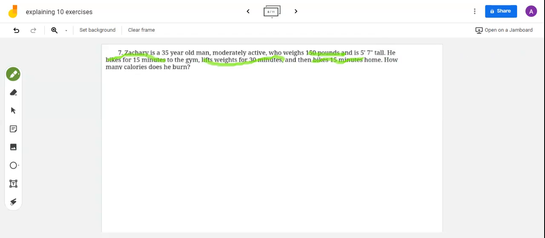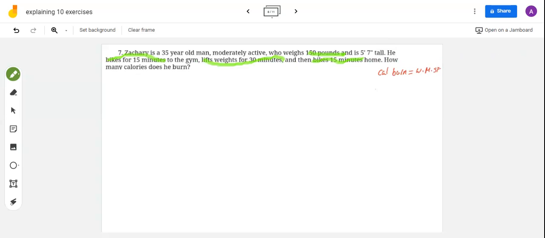So over here in this corner, I am going to add in our little thing that we need to know, right? So cal burn equals weight times minute times scale factor.